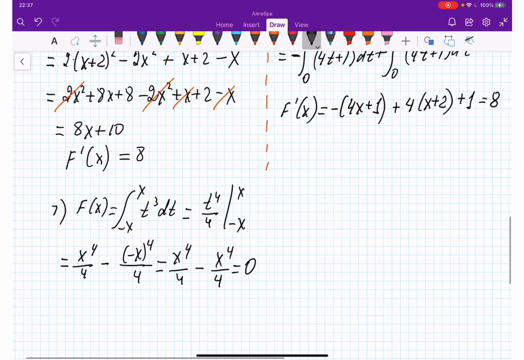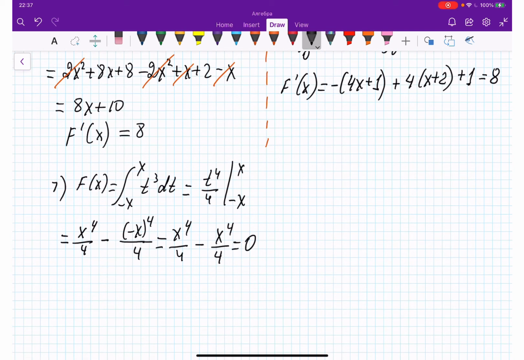All right, so now let's do an alternative solution using the second fundamental theorem. Let me separate here, we solve here.